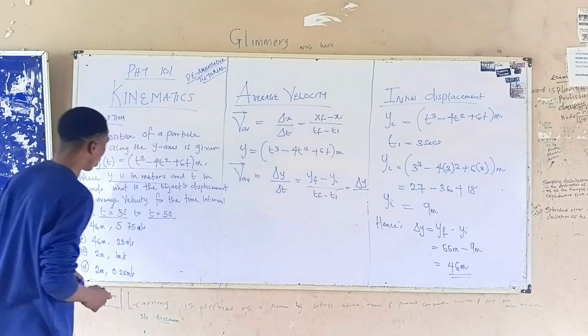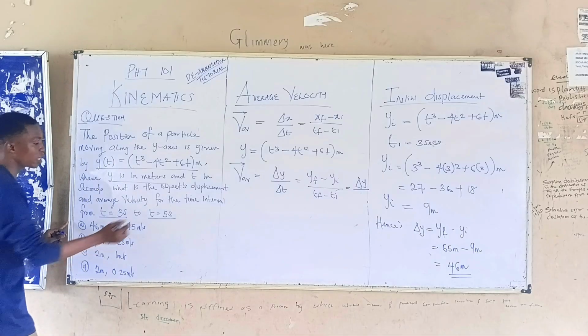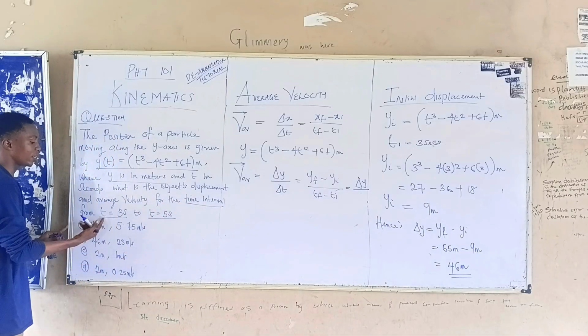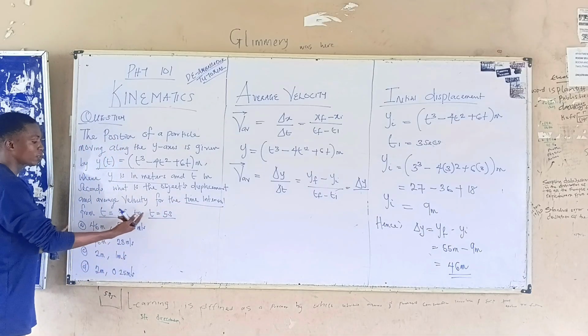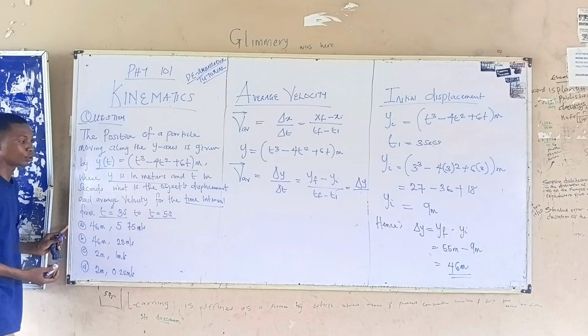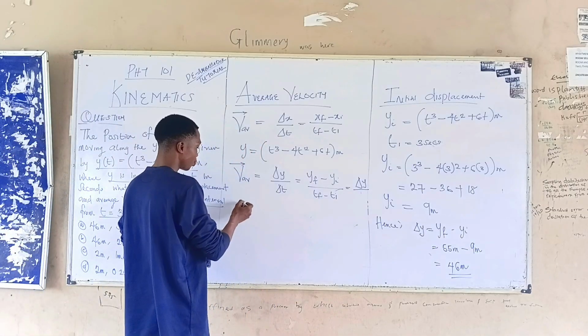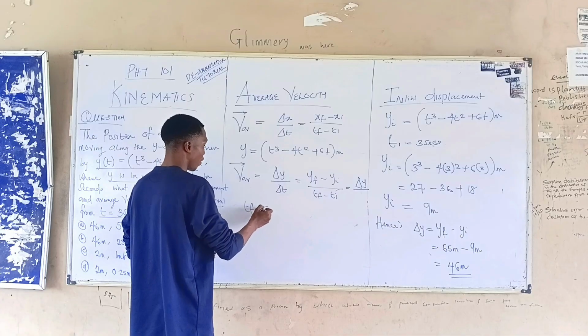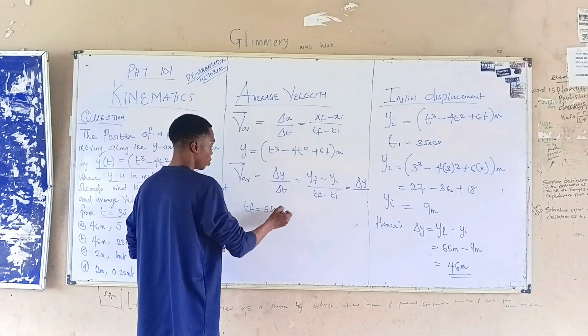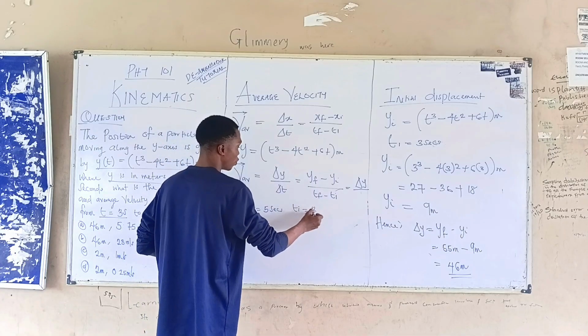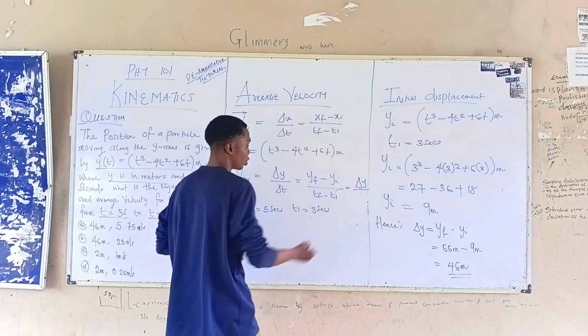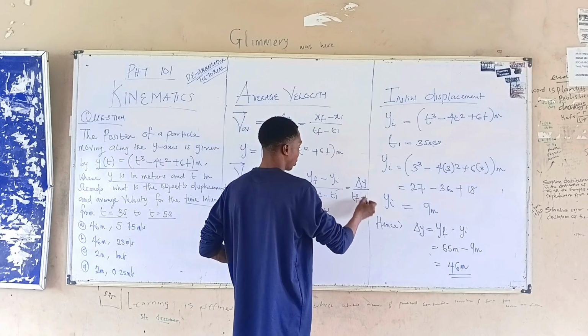From the question given to us, we are told that the time interval is t equals 3 seconds to t equals 5 seconds. So it means my tf is 5 seconds, while my ti is given to be 3 seconds. So here I have tf minus ti.